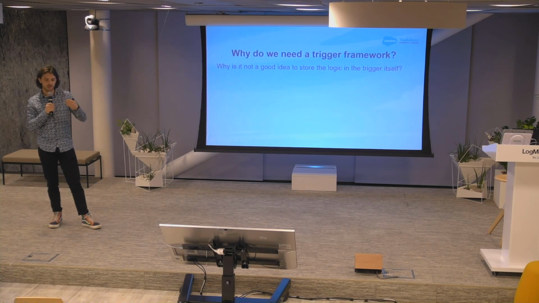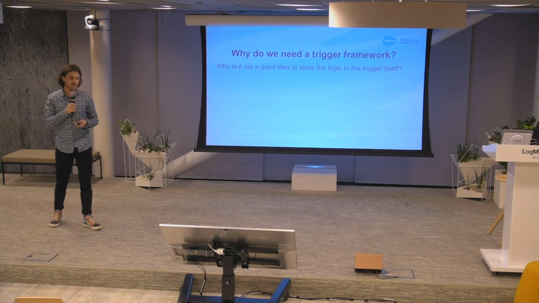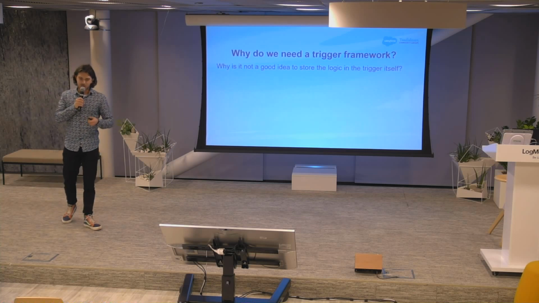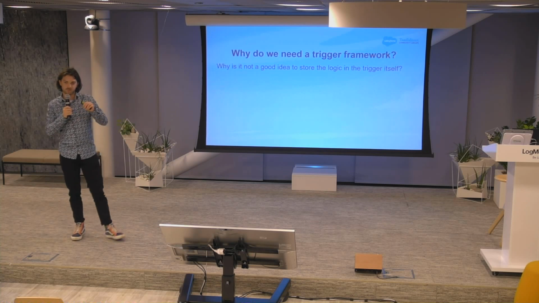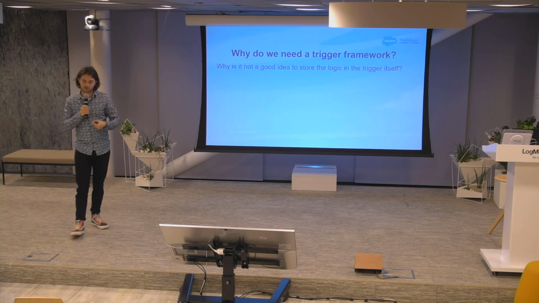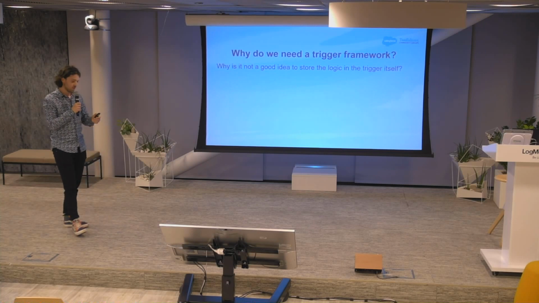They run if a database change has been made, as I mentioned in the beginning. And we can implement this logic into the triggers, or we can take this logic out of the triggers and put it in a class, and the trigger will call the methods of the class to run the logic. So that was the answer to the first question.